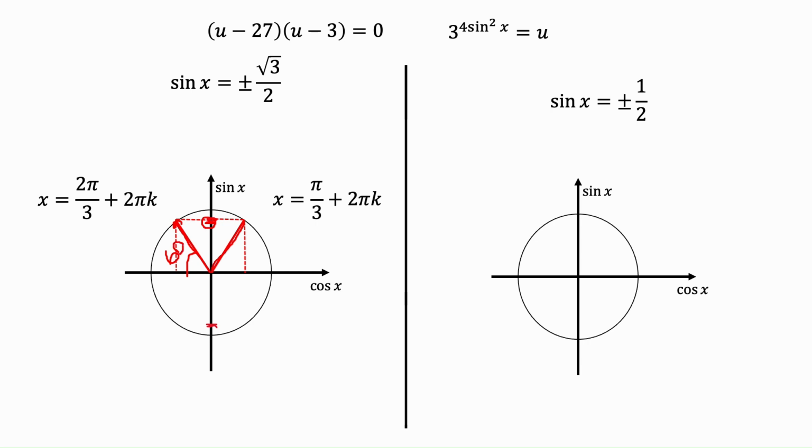It's going to be 120. If we measure this part, it's going to be 120, and 120 in radians is 2 pi over 3. And then, as I said before, we will have an infinite number of roots, because here we can go around the circle many times and add 360 to the degree value.